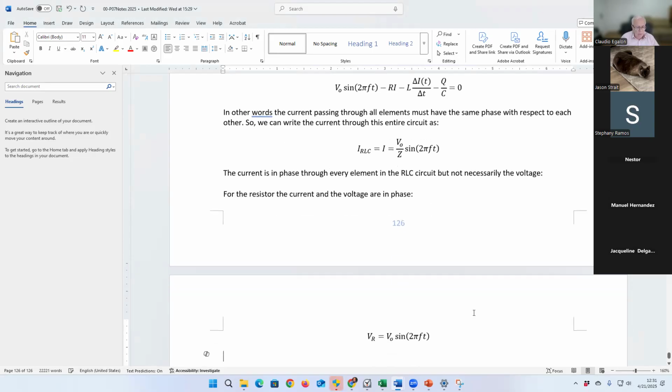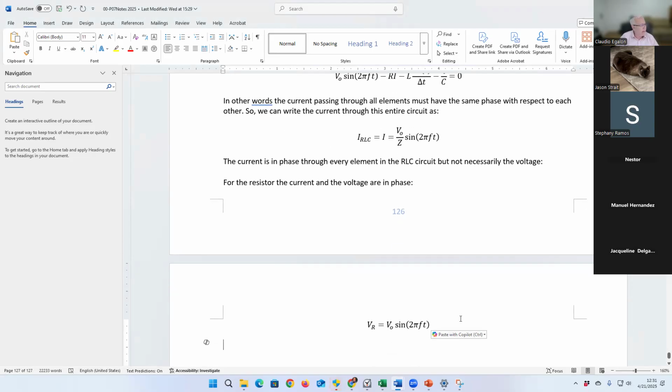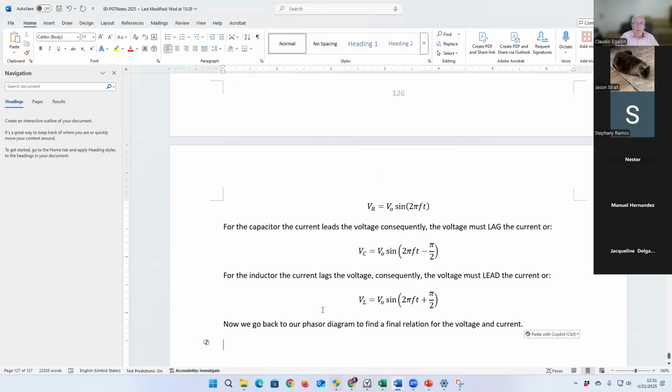It is in phase for the voltage across the resistor, yes, but not for the capacitor and the inductor. In the case of the capacitor, the voltage is gonna lag. In the case of the inductor, the voltage is gonna lead. I'm just repeating what I said before. Okay?